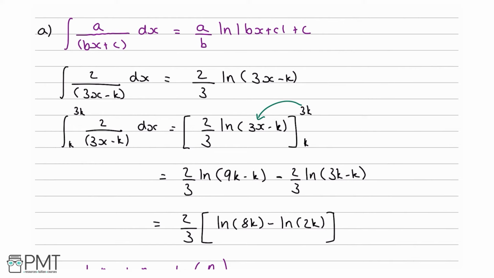Your first 2 marks actually come from getting 2 over 3 ln 3x minus k. So this line here as your solution to evaluating the integral, which is why I did it as its own step. Okay, so here this line gets you 2 marks. Your third mark comes from getting this line, so plugging in your constants of integration, plugging in your limits of integration to get this expression here.